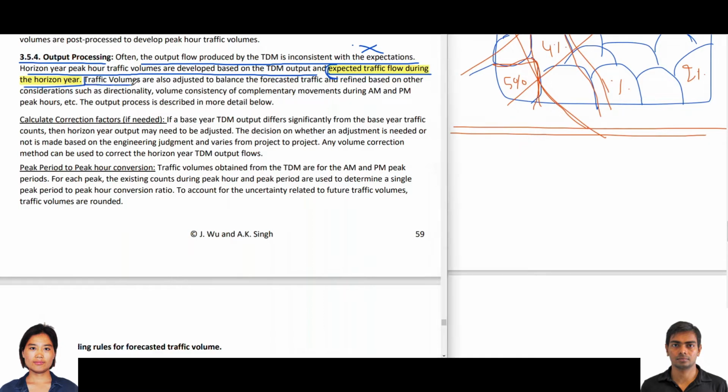Traffic volumes are also adjusted to balance the forecasted traffic and refined based on other considerations such as directionality, which we will discuss soon, volume consistency of complementary movements, and AM and PM peak hours, and we will discuss all these things very soon.